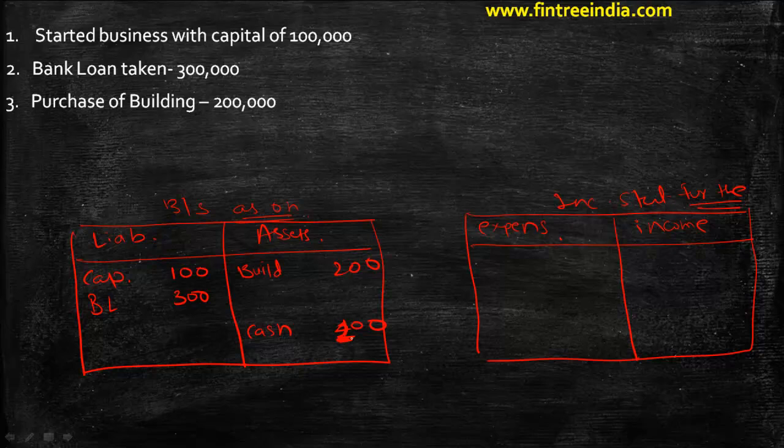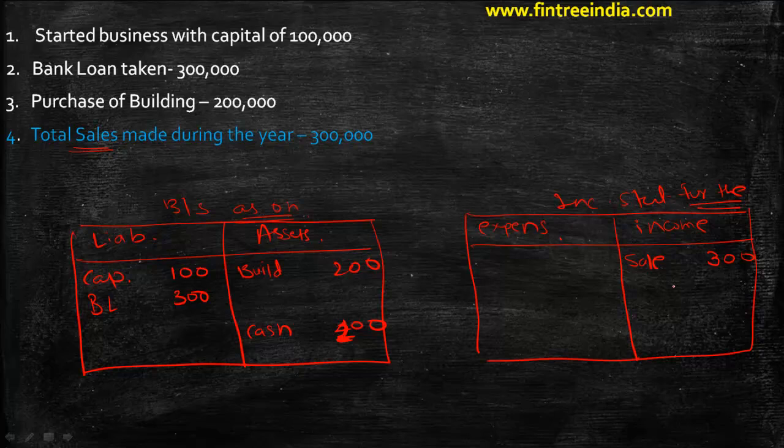Now let's give effect to the next transaction, which would be total sales made during the year, 300. Now what we've already studied is that sales is nothing but income of an organization. So we will go to the income statement on the income side and we would say sales 300. Now what should be the second effect of this transaction?